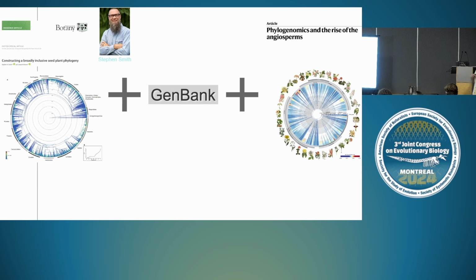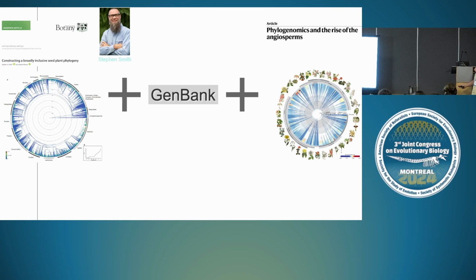And to do that from a phylogenetic perspective, we will use the most complete tree possible, which is based on the Smith and Brown tree from back in 2018, which had around 80,000 species.